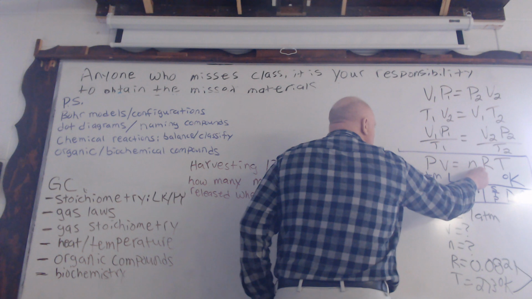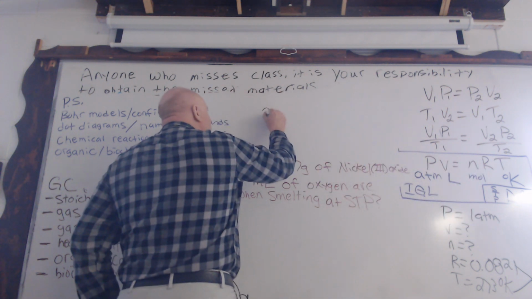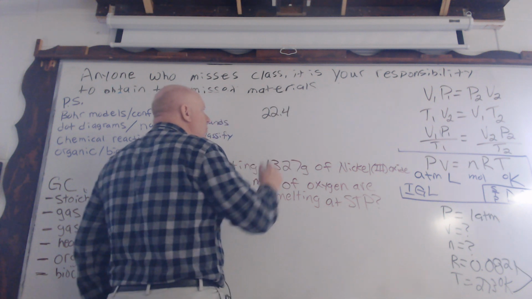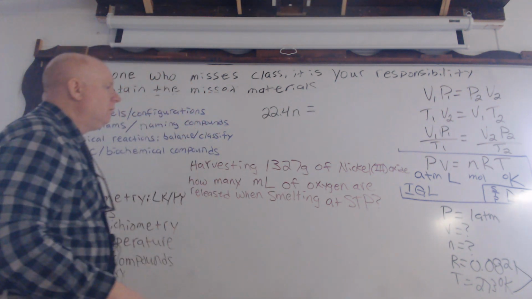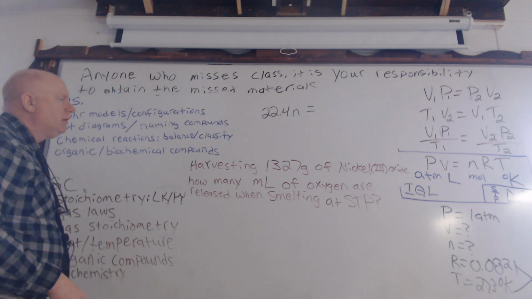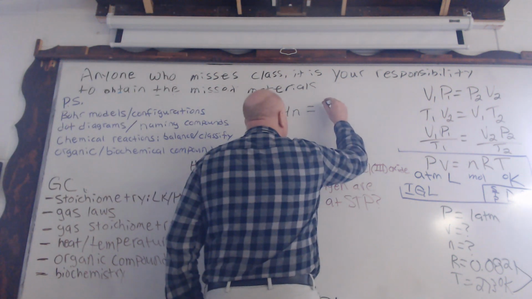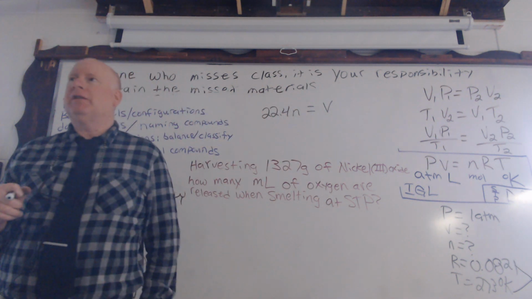22.4n equals whatever is on this side. Well, we'll switch the equation around. 22.4n equals what is on line 1B. Do we have a problem there? Yeah, two variables. Yes, we do.